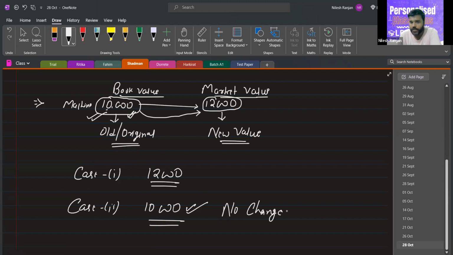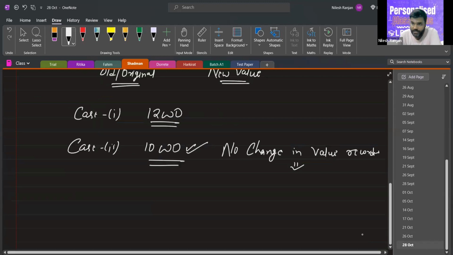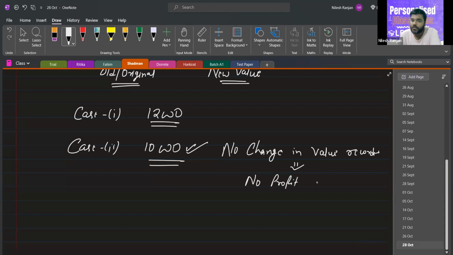Yes. Okay. Now, if there is no change in value recorded, then it means there is no profit in books. There is profit, but we have not recorded this profit. Yes. So no profit in books.